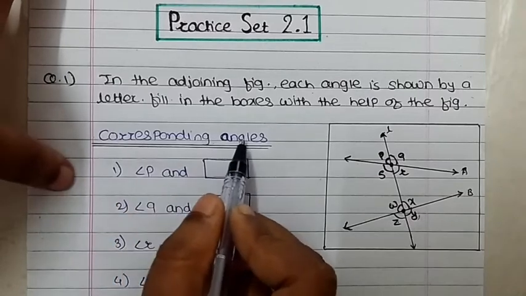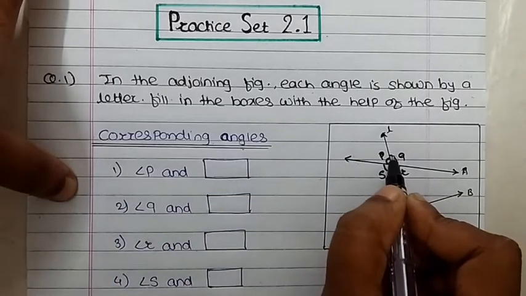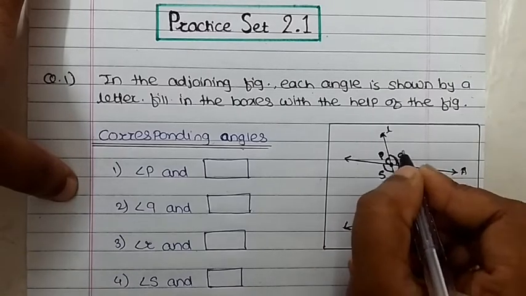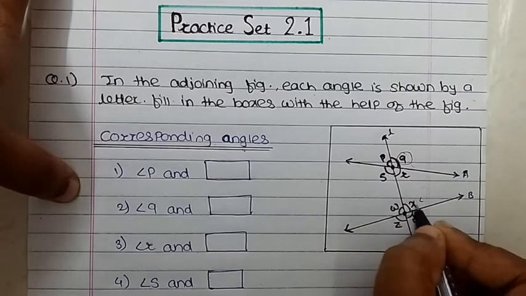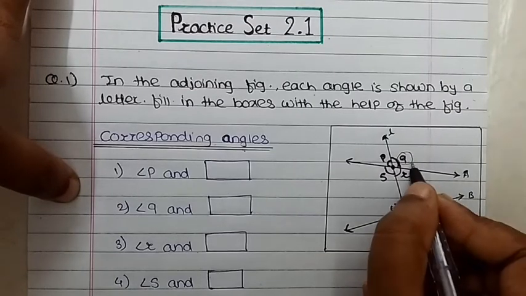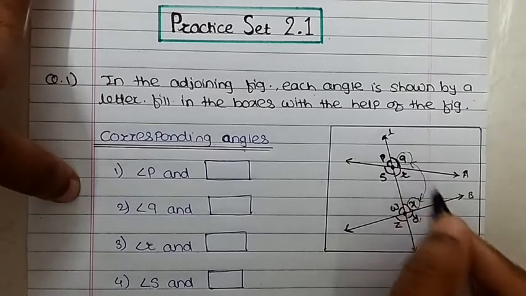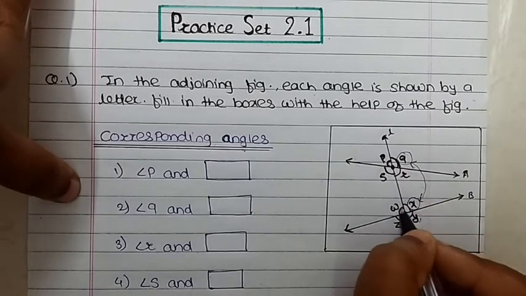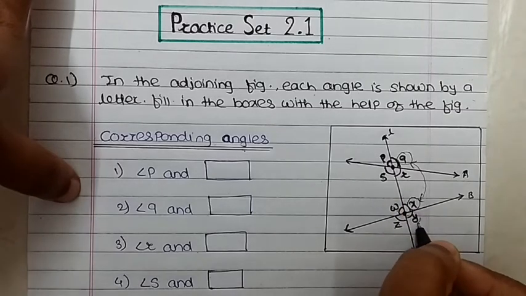Corresponding angles are those angles which are at the matching corners, like this corner. Which angle is there? Q. So Q is equivalent to which one? That is X. Match the corner ones. So Q and X, P and W, then S and Z, R and Y.